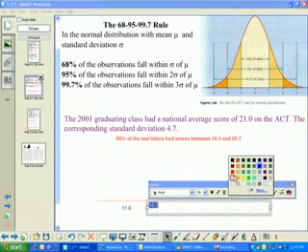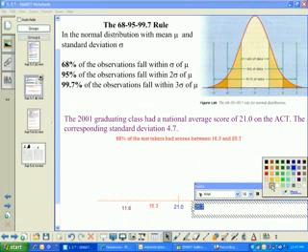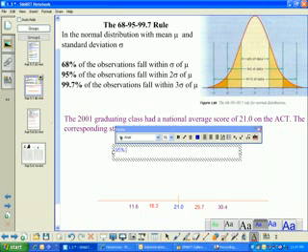I'm going to change these colors as well, so kind of have a pattern going on. So now if we're looking at these numbers, we can say this. So 95% of the test takers had scores between 11.6 and 30.4.